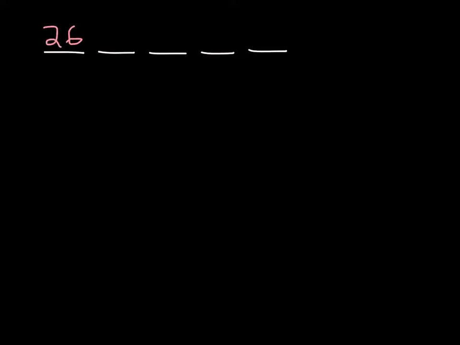So that's not going to affect our choice for the other 4 letters. So they're independent choices. So if there's 26 choices for my first letter, there's 26 for my second, 26 for my third, 26 for my fourth, and 26 choices for my final letter.